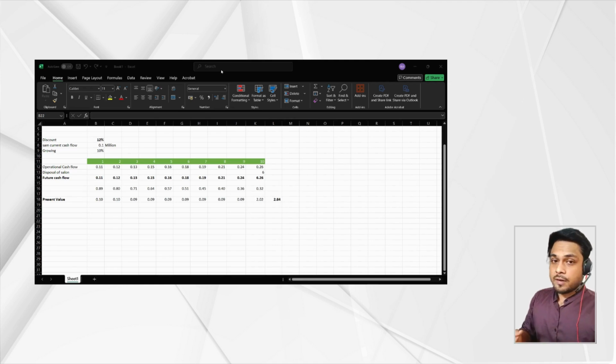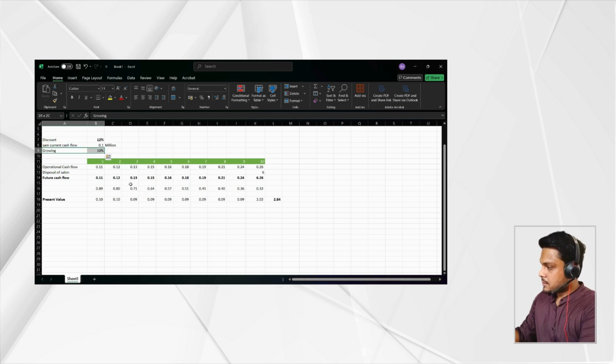Now, with the help of the given information, we will calculate the present value of scenario two. We will use the same assumption that your cash flow will grow at the rate of 10%, and your current year cash flow is 0.1 million pounds. Let's calculate the operational cash flow.